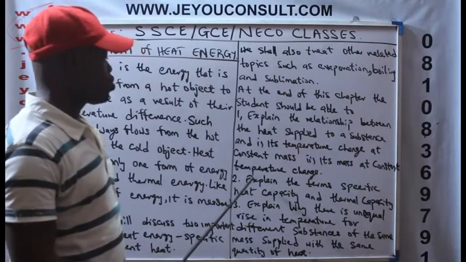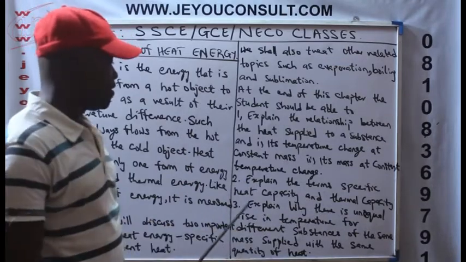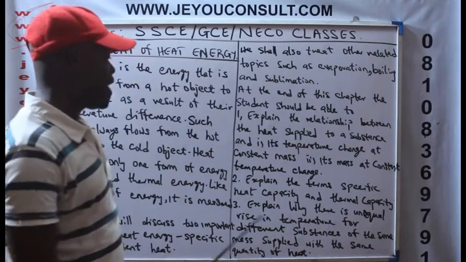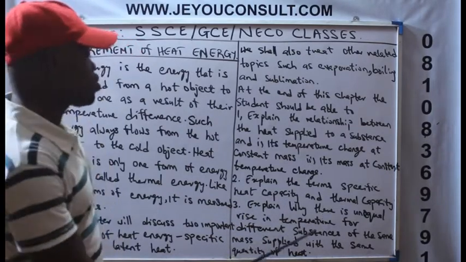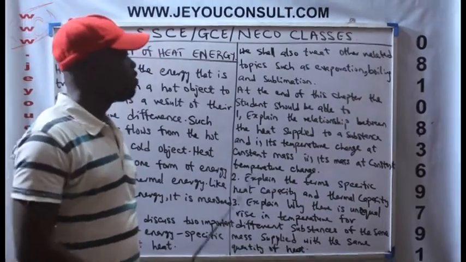Two, explain the terms specific heat capacity and thermal capacity. Three, explain why there is unequal rise in temperature for different substances of the same mass supplied with the same quantity of heat.